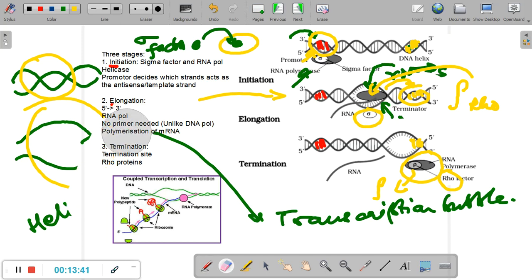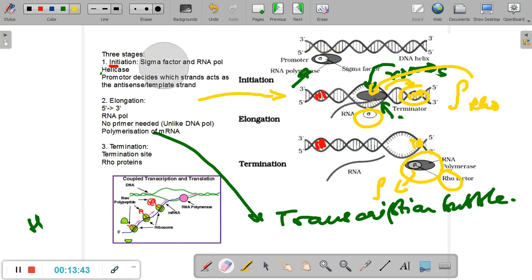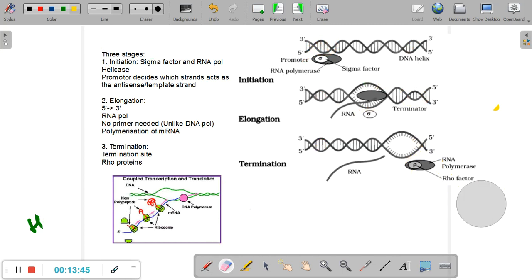So let's just see what all we have done so far. We have done initiation, we've studied elongation, and we have also studied termination. Now initiation requires sigma factor. Here RNA polymerase has a dual function. It acts as a helicase molecule. It also acts as a polymerase molecule.